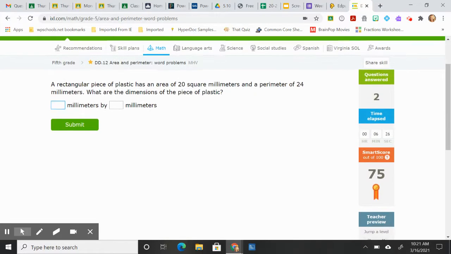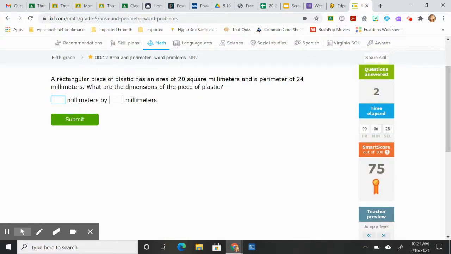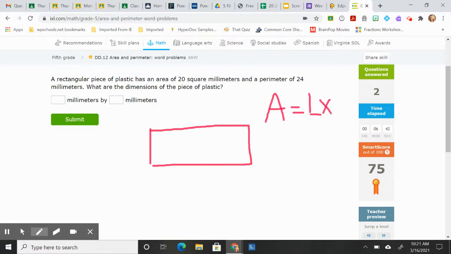Let's do another one like that. A rectangular piece of plastic has an area of 20 square millimeters and a perimeter of 24. So we know that the area is length times width. So if the area is 20, what could be the length and the width?